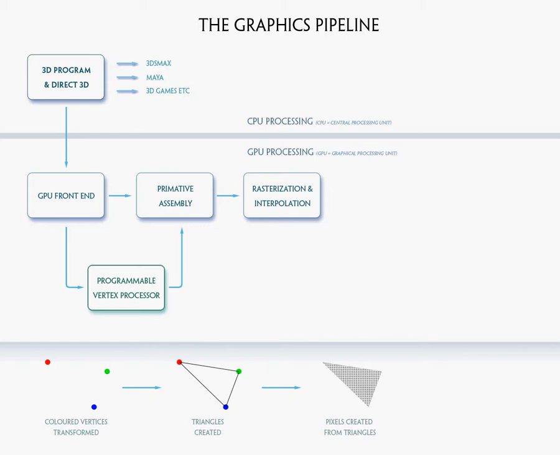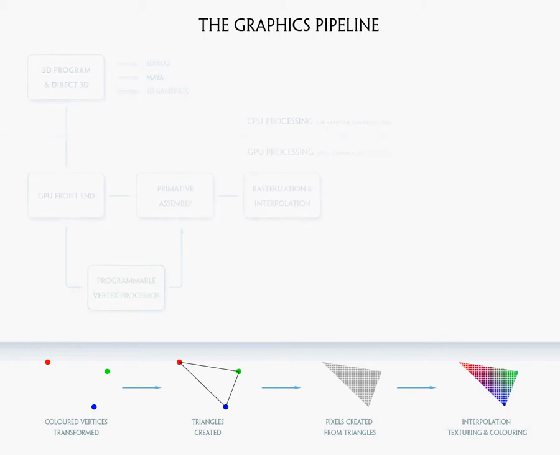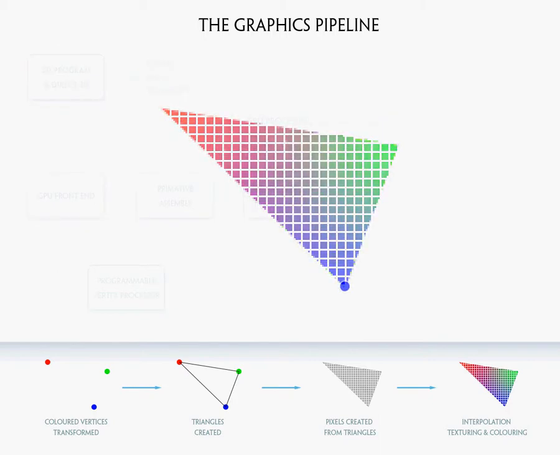And also, during the rasterization and interpolation step, we're interpolating the vertex data to the pixels. And what interpolation means is, for example, we've got a blue vert here and a green vert here. So all of these pixels in between need to be somewhere in between blue and green, and that's what we can see happening here.